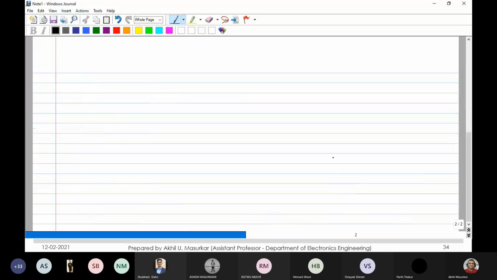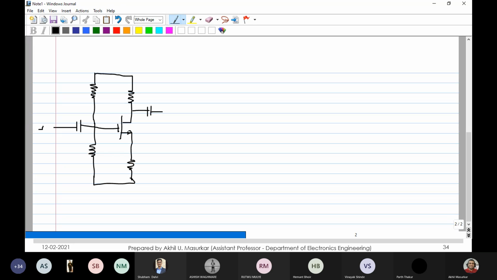So just for your sake, I am drawing it here. Your circuit is somewhat like this. Here you have a capacitance, and here also you are having a capacitance along with some resistance and a source.